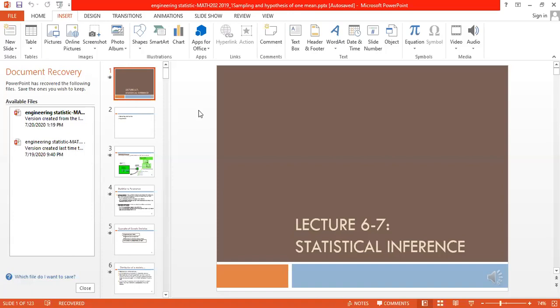The next phase is inferential statistics, where we look at analysis of data and inferences of the results we obtained on the population for decision taking.